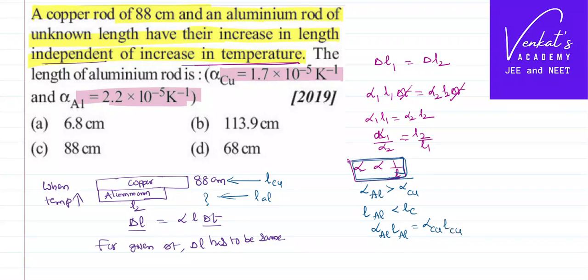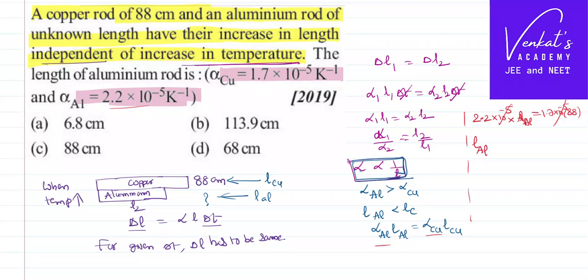Let us substitute that data. Alpha of aluminum is given as 2.2 into 10 power minus 5. Length of aluminum I have to find out, equal to alpha of copper, 1.7 into 10 power minus 5, times length of copper, 88. The 10 power minus 5 and 10 power minus 5 cancel.